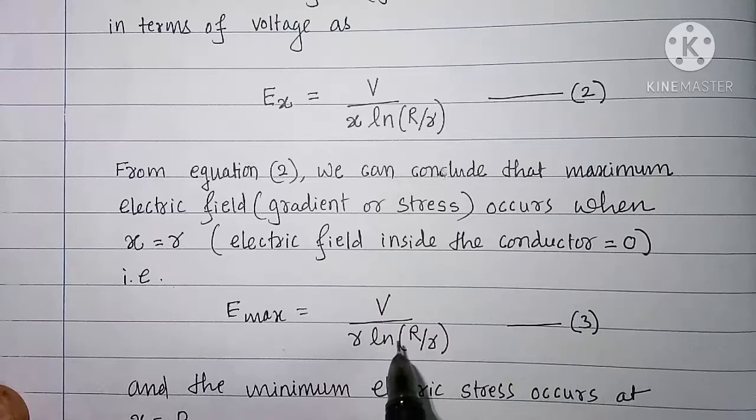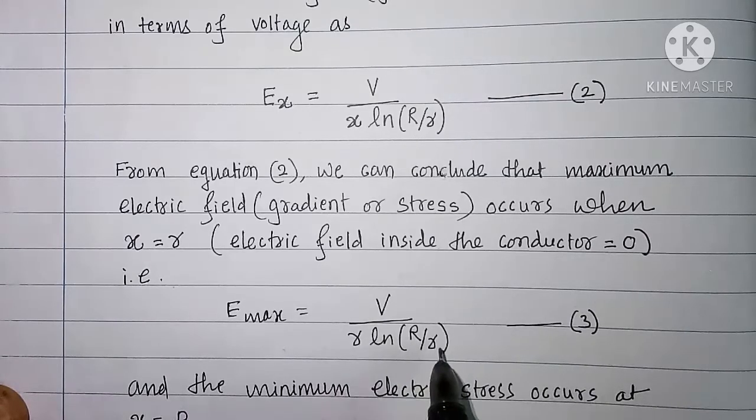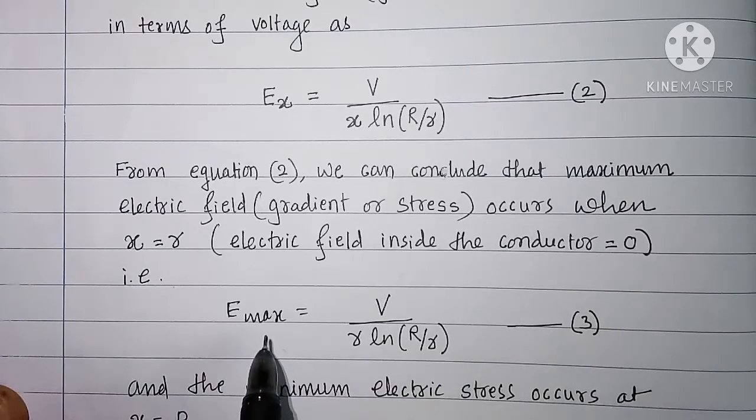For particular value of V and capital R, there exists a value of small r for which Emax is minimum.